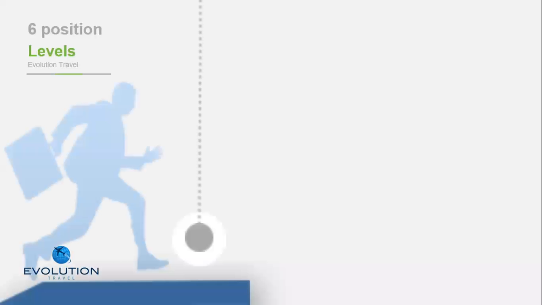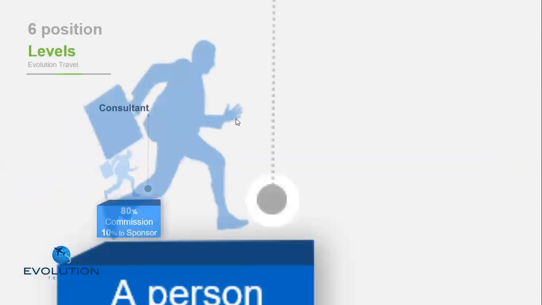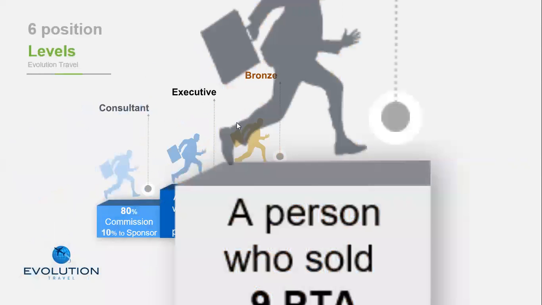So the first level, of course, is when they sign up for the opportunity. That's the professional travel agent, okay? Whenever you book as a consultant, it's 80% commission and 10% goes to the sponsor.